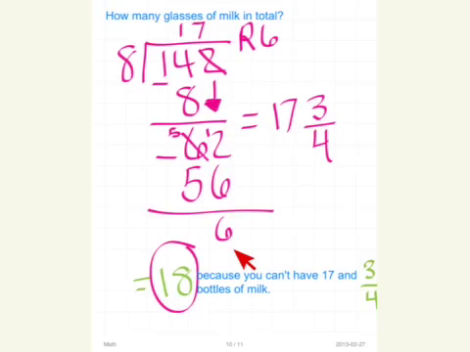Here's my calculation, with the remainder 6. But you cannot have 3/4 of a bottle. You have to have 18 bottles, because it wouldn't make sense to buy a 3/4 milk bottle. So 18 bottles to give to everyone who is invited. A glass of milk for everyone.